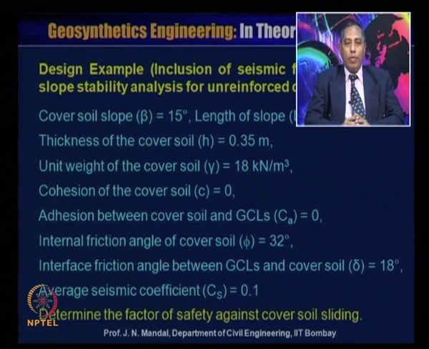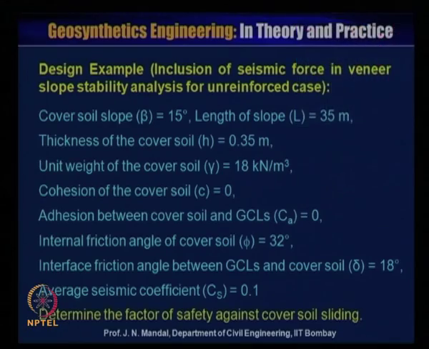Interface friction angle of cover soil phi is equal to 32 degree, and interface friction angle between geosynthetic clay liner or geomembrane and cover soil delta is equal to 18 degree. Average seismic coefficient Cs is 0.1. You have to determine the factor of safety against the cover soil sliding.